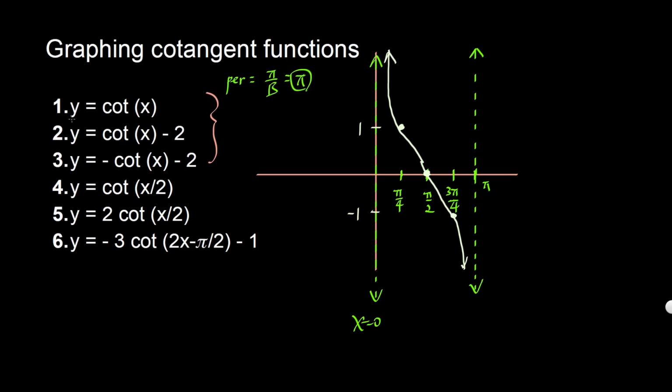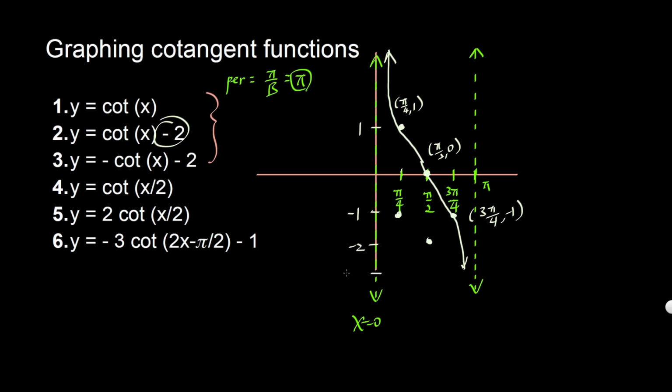Just like a tangent function or any kind of transformation, if you have -2 outside, all these points, let me label that. So pi over 4 comma 1, that's pi over 2 comma 0. And that point right there is 3 pi over 4 comma -1. And then all you do is just move down 2. So 1, 2. So right there, 1, 2. So it'll be right here.